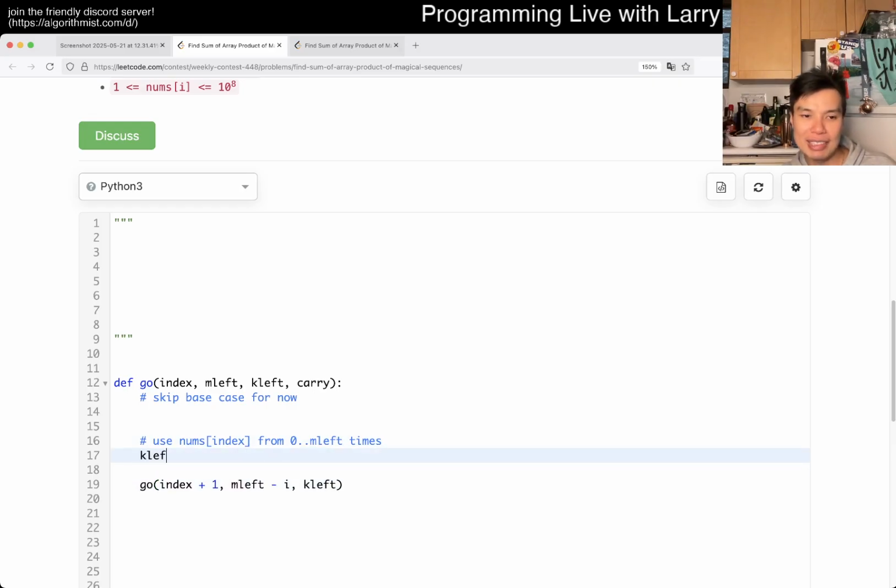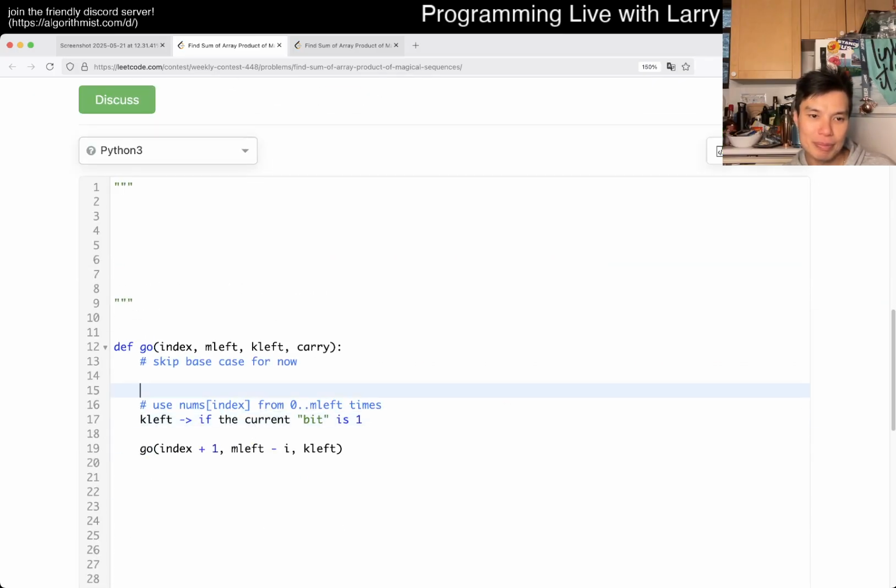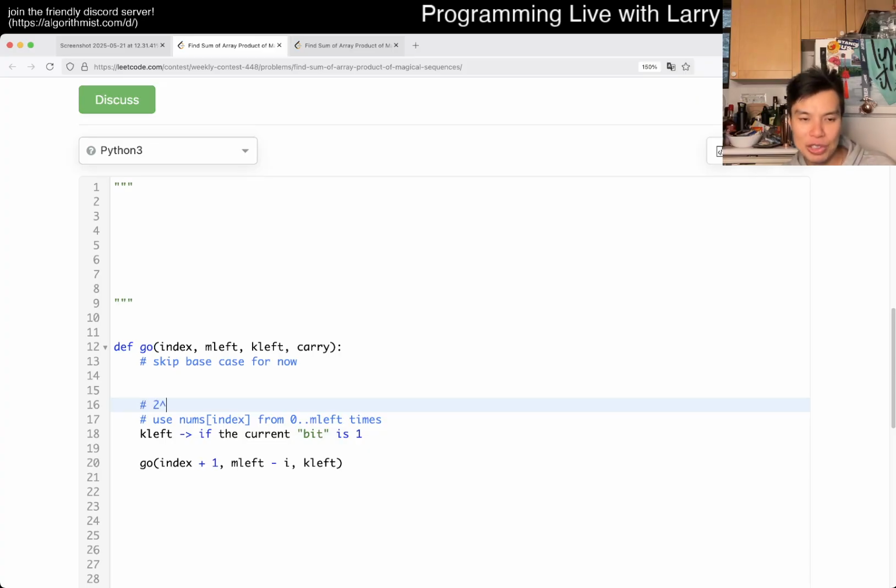Well, k left has an impact if the current bit is 1. We have 2 to the 0 plus 2 to the 1 plus 2 to the 2, all the way, right?